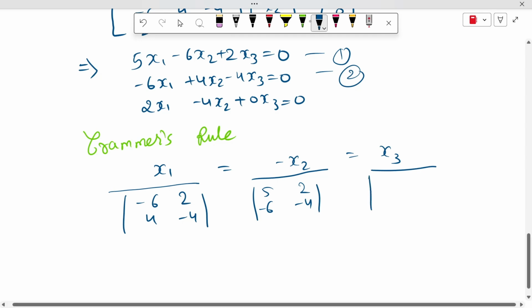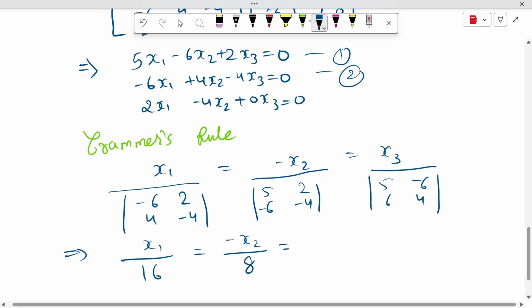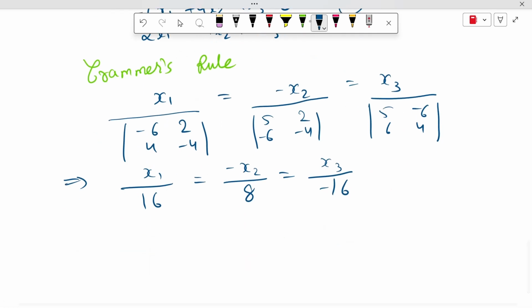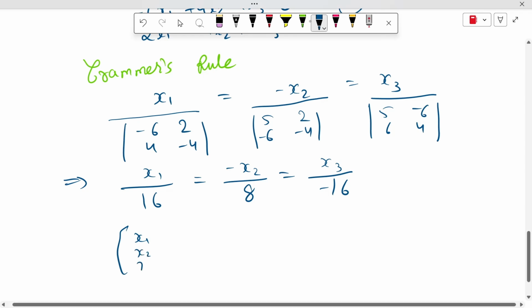For x3 it will be 5, 6, minus 6, 4. Solving this, x1 upon determinant of this will be 24 minus 8, it will be 16. Second will be minus 20 plus 12, it will be 8. And third will be 20 minus 36, it will be minus 16. So x1, x2, x3 is equal to 16, 8, minus 16.